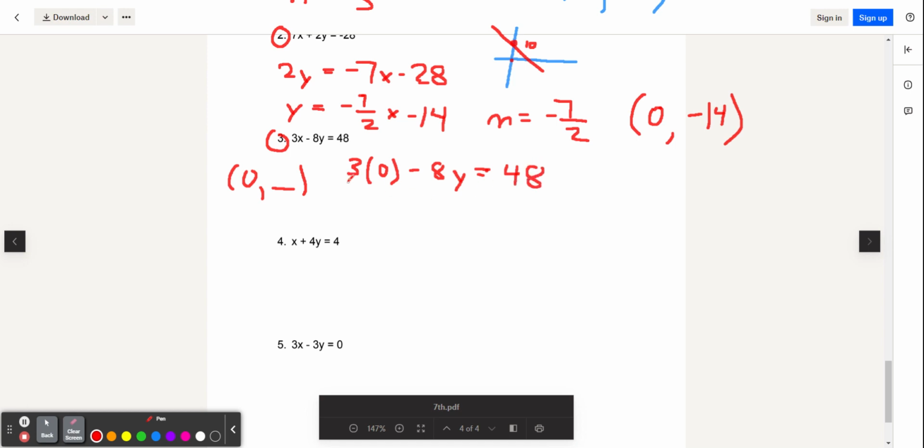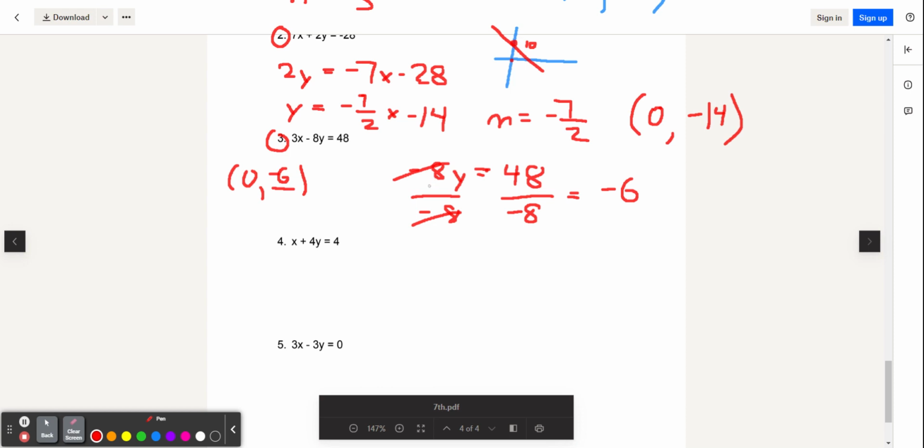What is 3 times 0? It is, of course, 0. So we're left with simply -8y equals 48. Now divide both sides by -8. The coefficient cancels out, and the right side becomes -6. So we have found the y-intercept, 0, -6.